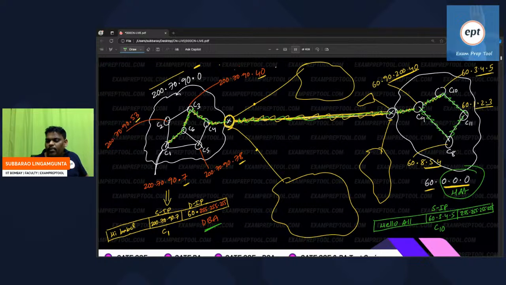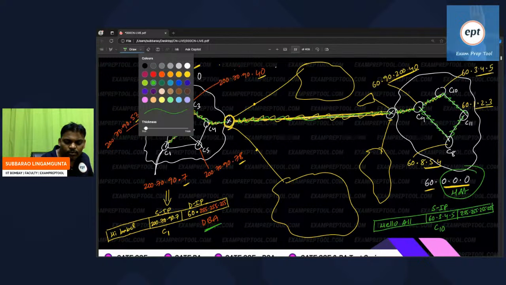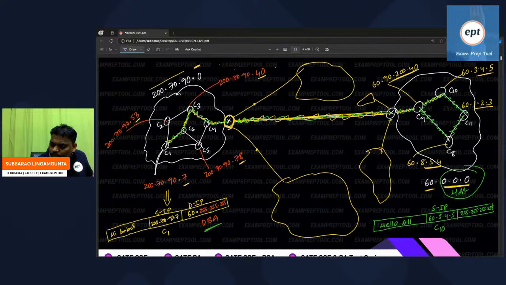255. Then from C10, that message will go to all the people. This is called LBA, limited broadcast address. What is the meaning?